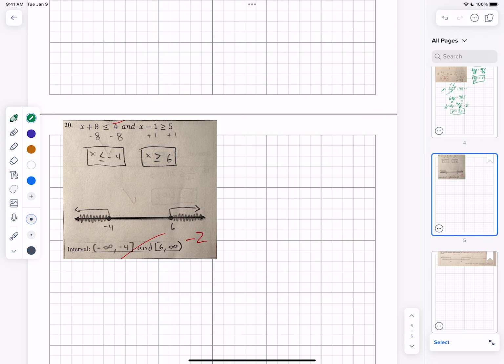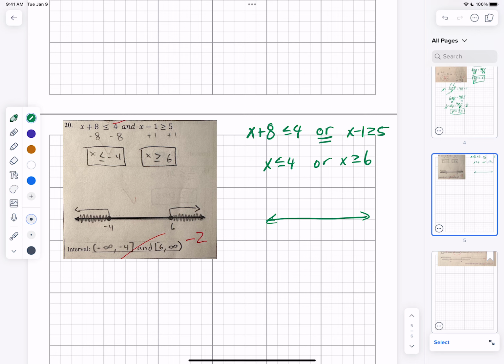So this one you actually got this right if the question was this. If the question was x plus 8 is less than or equal to 4, or x minus 1 is less than or equal to 5, then it's x is less than or equal to negative 4, or x is greater than or equal to 6. And then your graph is exactly right.